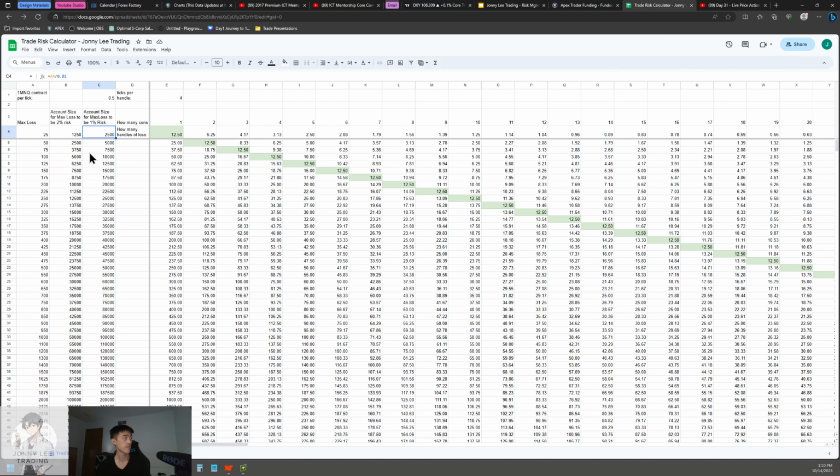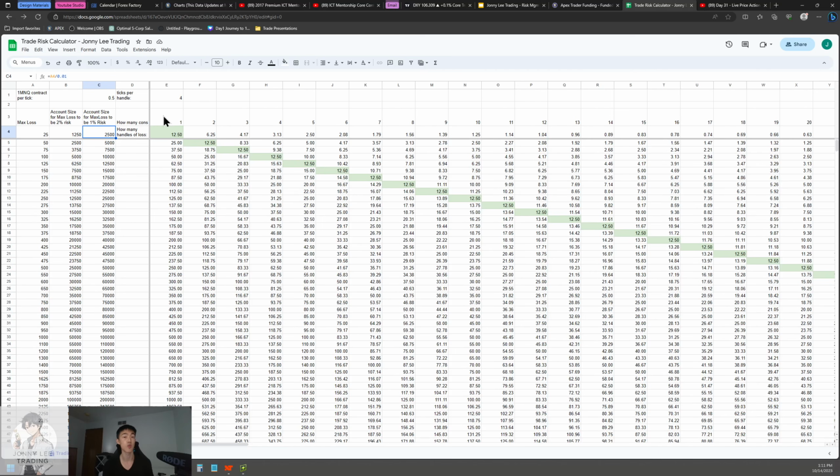This means that if I'm only allowed to lose $25, I wanted to calculate how many handles does that translate to? How many contracts can I use? And what does that minimum threshold look like for me to be only risking 1% or 2% maximum?